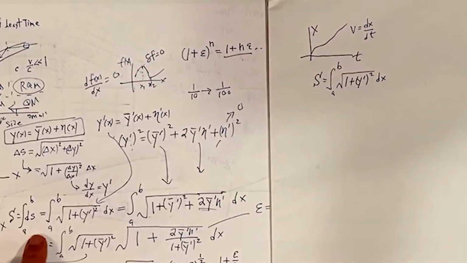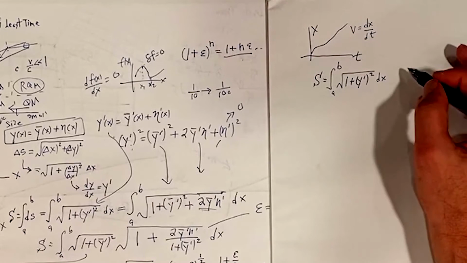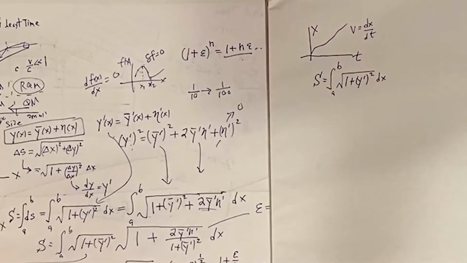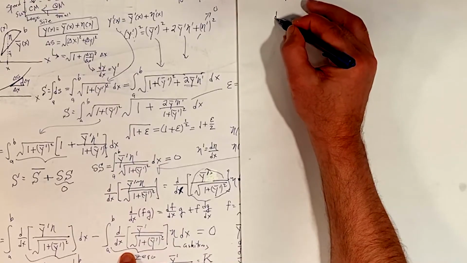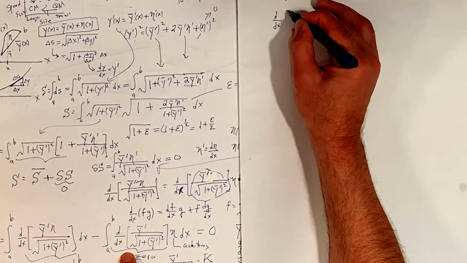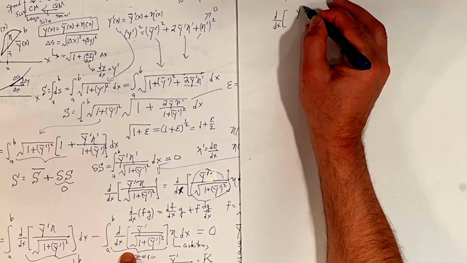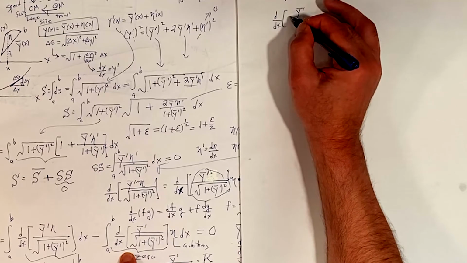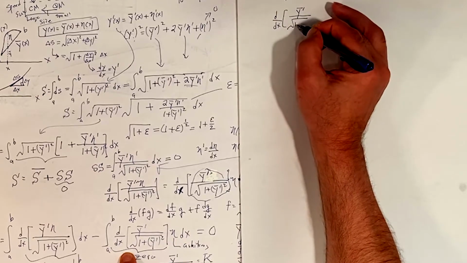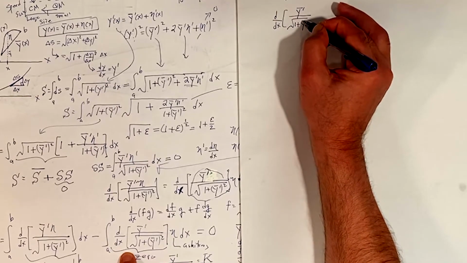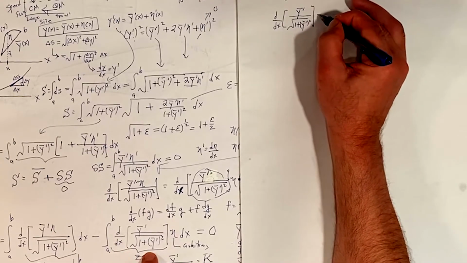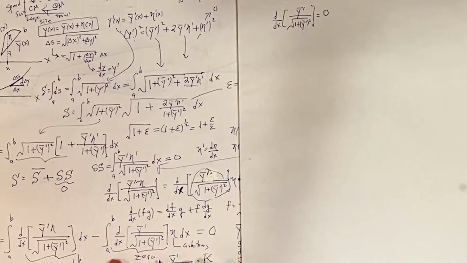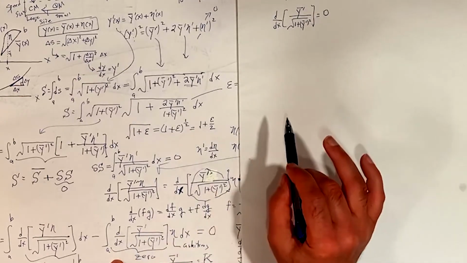And the answer that we got when we worked that out was given by this equation: d/dx of y bar prime over the square root of 1 plus y bar prime squared. That derivative has to be equal to 0. That's what we have down in here, just copied.